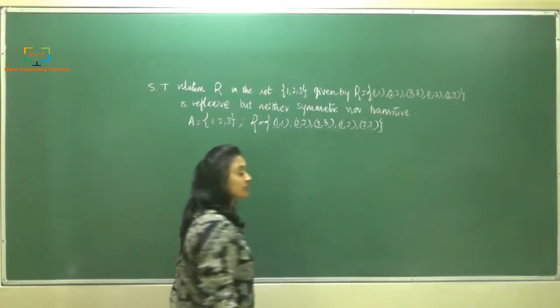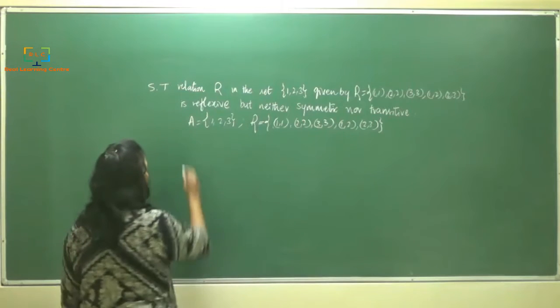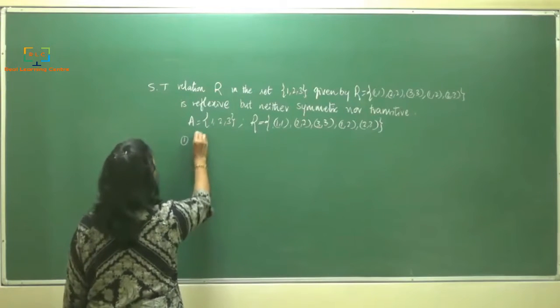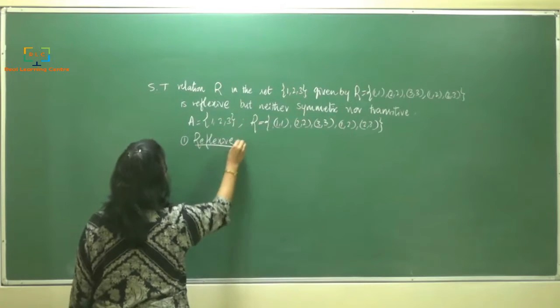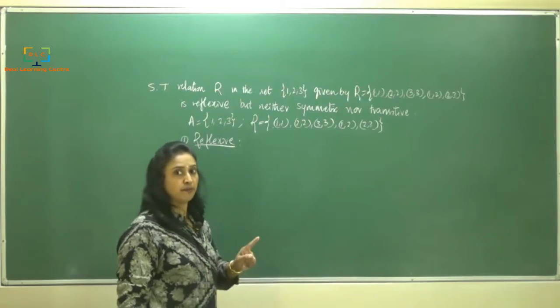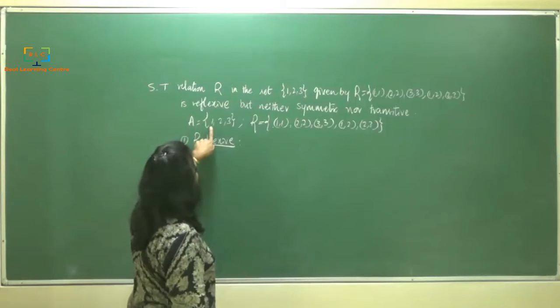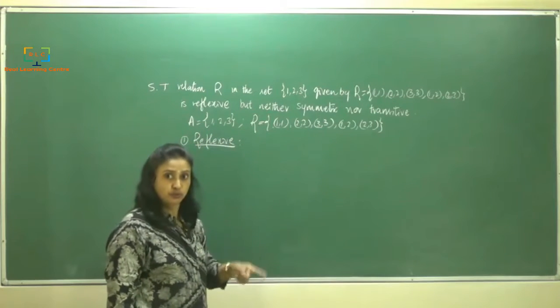And now we need to check whether it is reflexive, symmetric or transitive. Let us start one by one. I'll go to the first one, reflexive. I shall not write any property, but I'll check as it is. For reflexive I need the set A, you remember. I'll go to the set A, I have 1, 2, 3. For this to be reflexive, I should have (1,1), (2,2), (3,3).